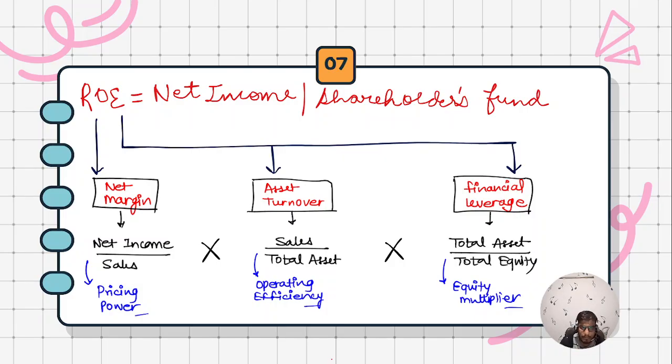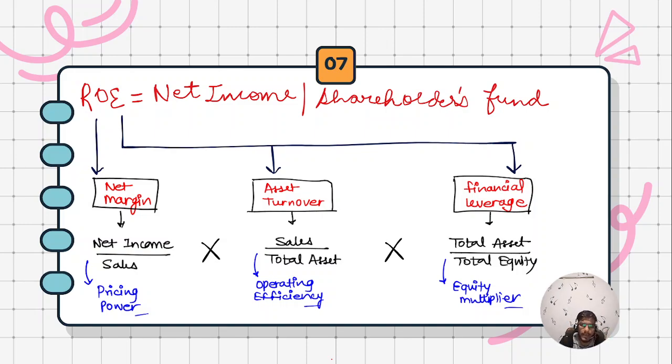The first is the net margin, which is nothing but net income over sales. It tells about your pricing power actually. Second is the asset turnover ratio, which is nothing but sales divided by total assets. It means, for 1 rupee of asset invested, how much sales it is giving you.